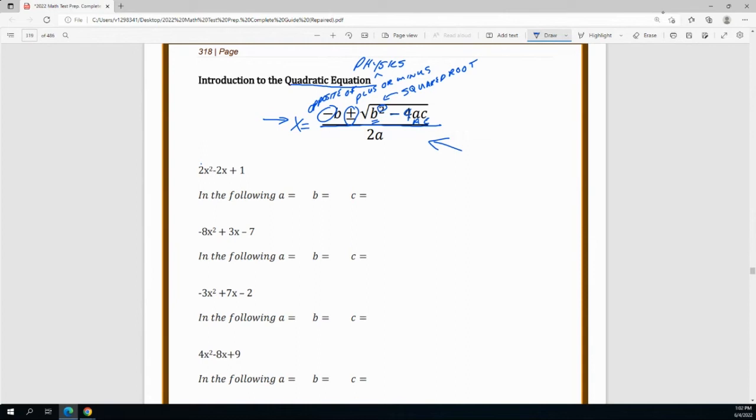So let's talk about this. This is actually a trinomial. I'm going to rewrite it for you. It's going to say 2x squared minus 2x plus 1. The A, B, and C come from the coefficients listed in this.